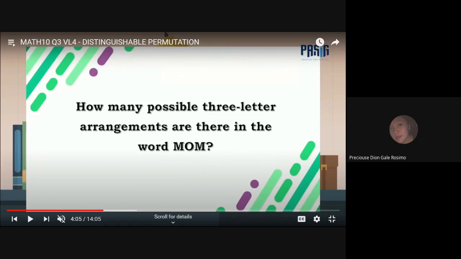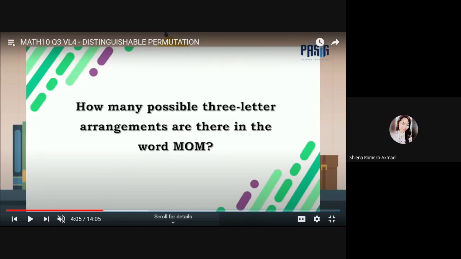Ma'am, tatlo. What is it, 3? Ma'am, yung possible arrangement niya. Ano yung ginawa mo to solve it? Parang in-arrange ko yung words, yung letters sa iba't ibang position, ma'am.